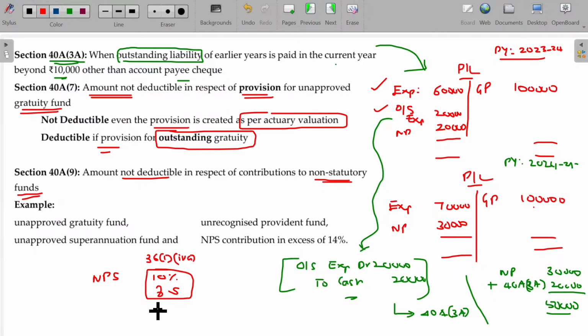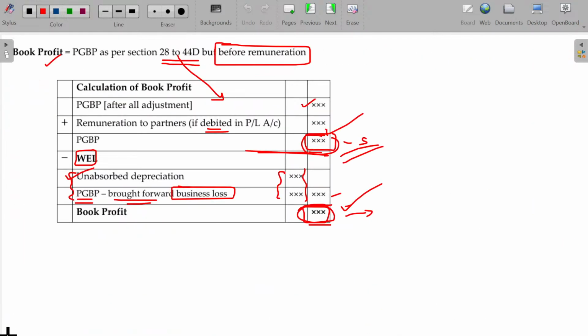Is that okay? Beyond this, above 10% of salary is considered as unapproved. This part is disqualified under section 40A class 9. This will be disallowed. This is deductible. Go and refer that section here.